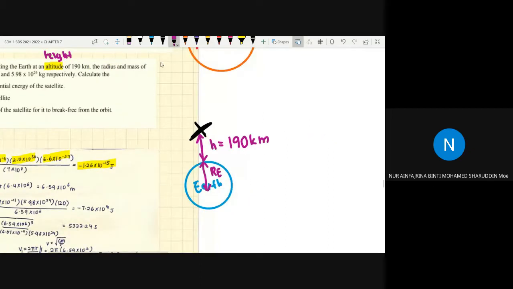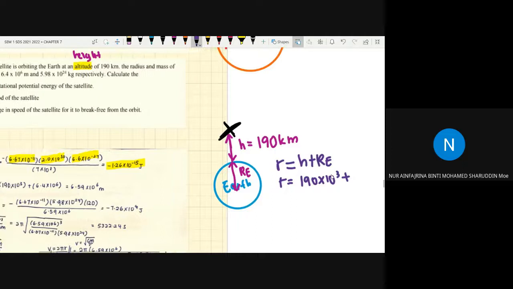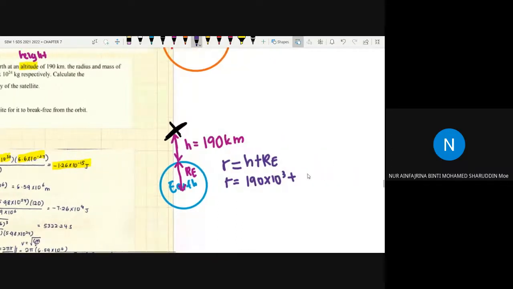Okay, first of all, this is very important. Miss will do it step by step. We know the distance is the height plus the radius of the Earth. So the height is 190 kilometer, change it to meter, plus the radius of the Earth which is 6.4 times 10 to the power of 6 meter.